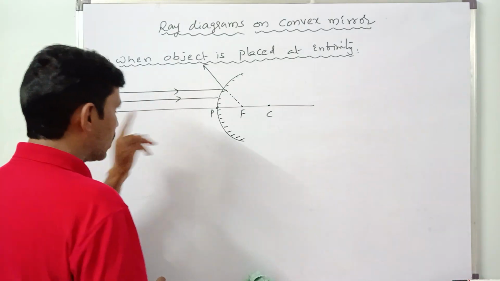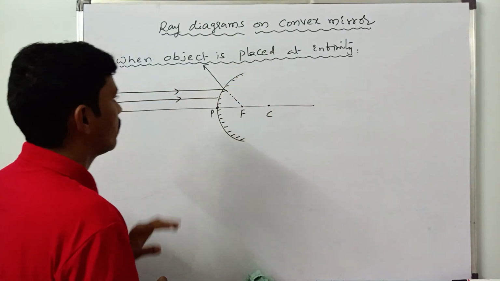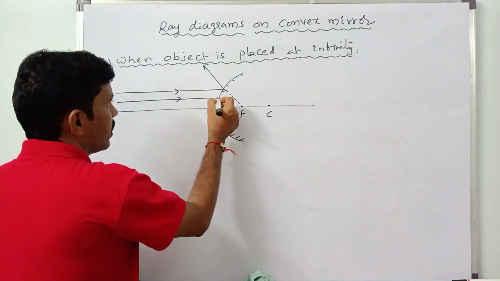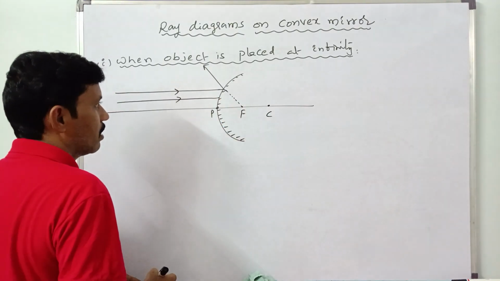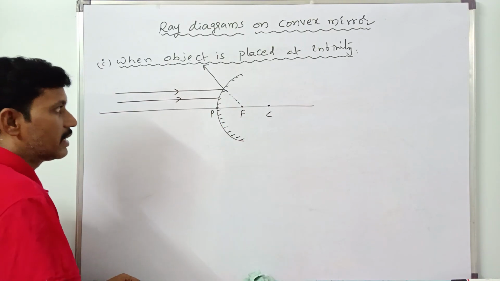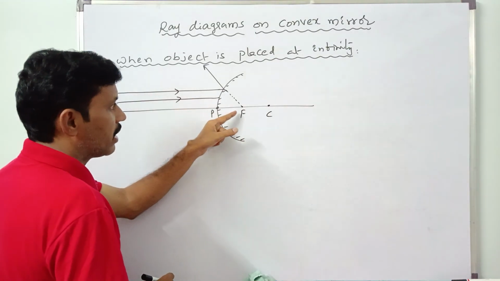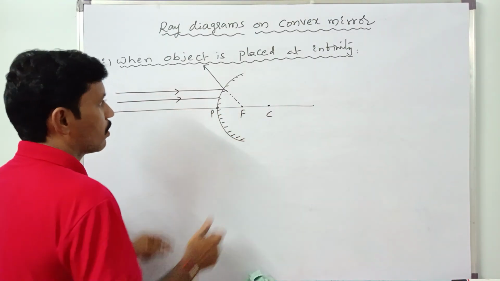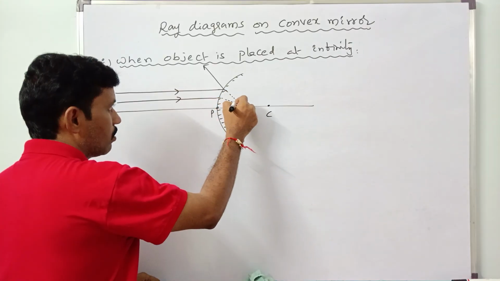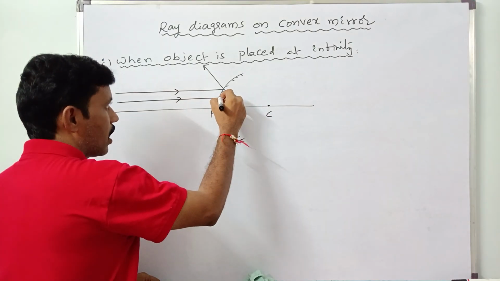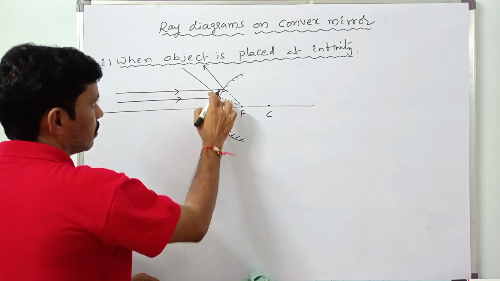The second light ray comes from the object placed at infinity, and is also incident on the convex mirror. By the same rule, it also appears to diverge from the focus point. We have to draw dotted lines like this, and it is reflected back like that.